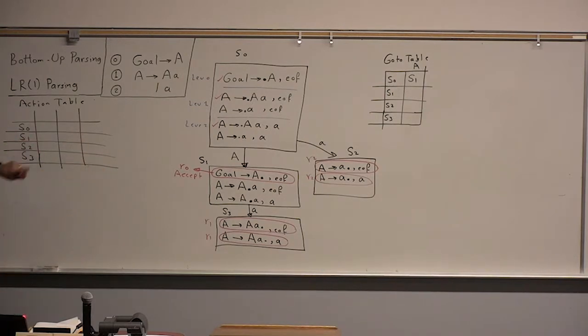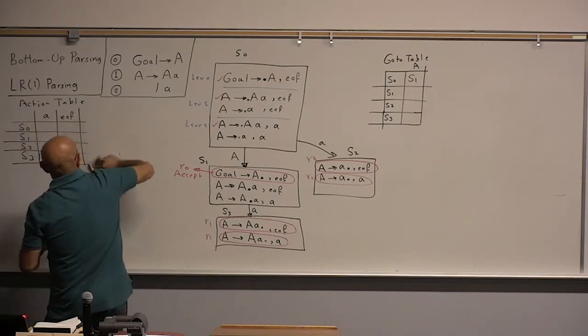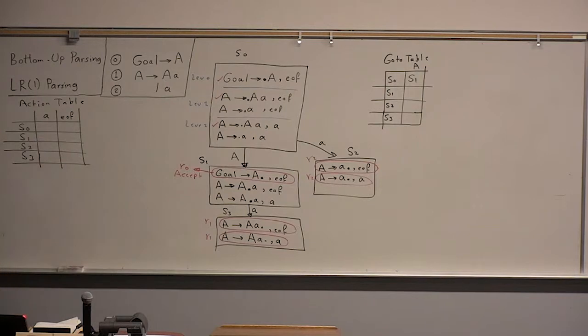My look ahead in this example could be an A or end of file. So the columns in the action table are going to be terminals or end of file.